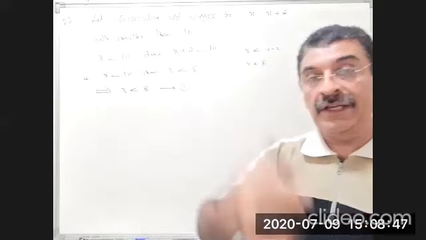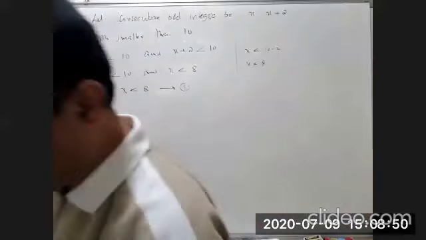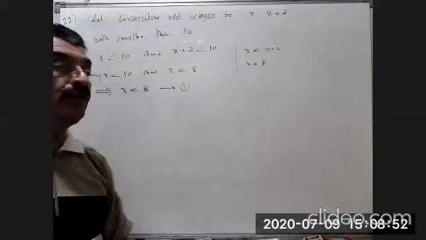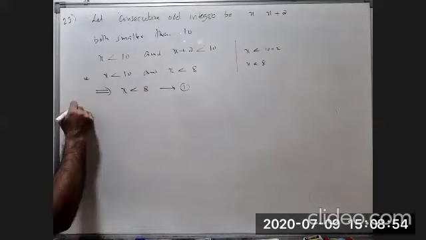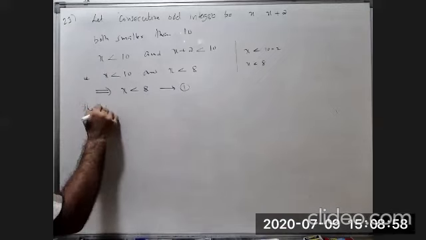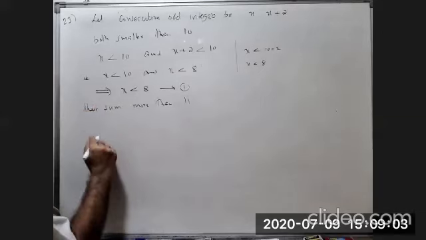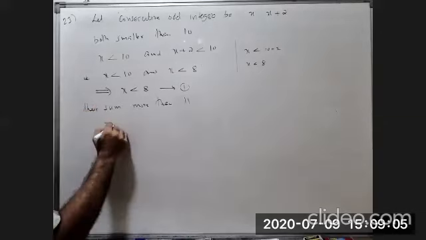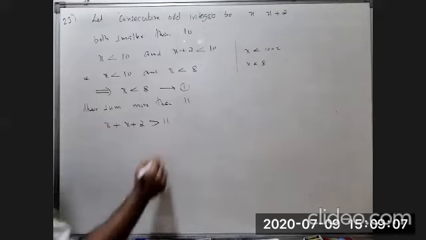Now, the second condition given. What is the second condition? It says that their sum is more than 11. Their sum means the sum of x and x plus 2 is more than 11.